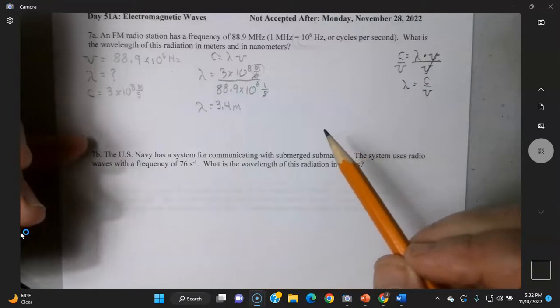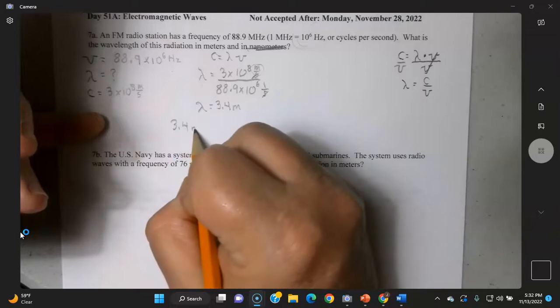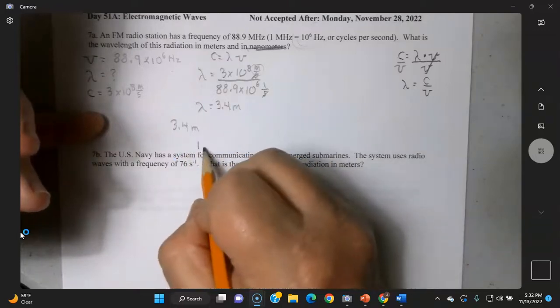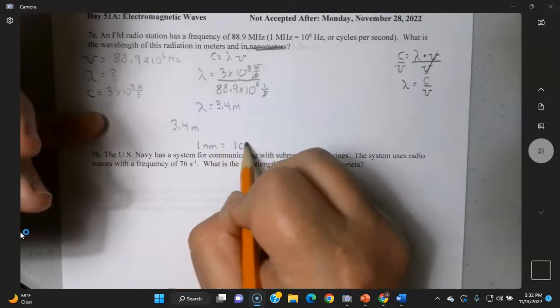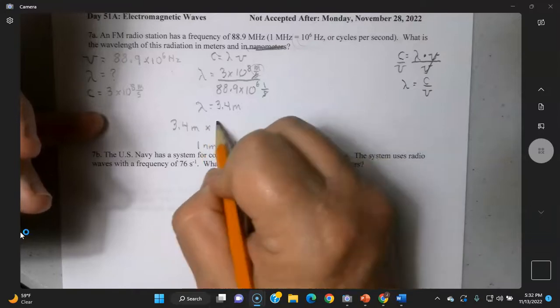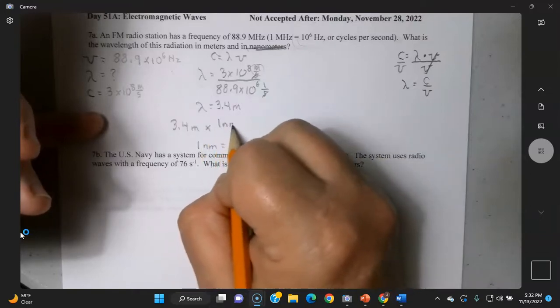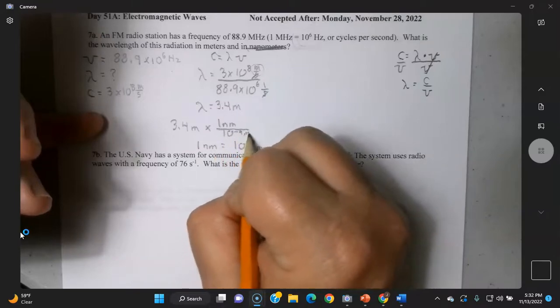Meters, what the heck? So 3.4 meters. Now there's 1 nanometer equals 10 to the minus 9th meters. So that's our equivalency, so we're going to put nanometer on top because that's what we want to end up with, over 10 to the minus 9th meters.